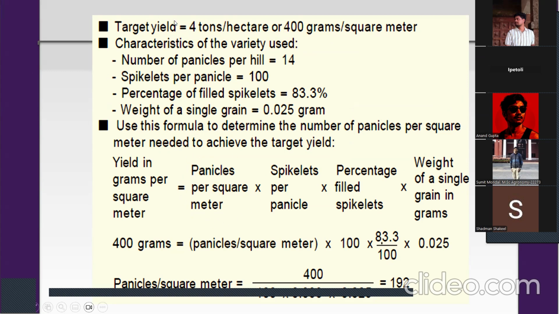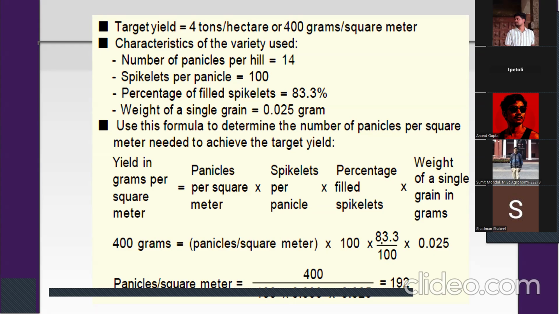A student can always remember any dry matter, any grain yield, any data in weight. If you take from 1 square meter, the unit is in gram per meter square. Say grain yield in gram per meter square, dry matter in gram per meter square, biomass in gram per meter square.